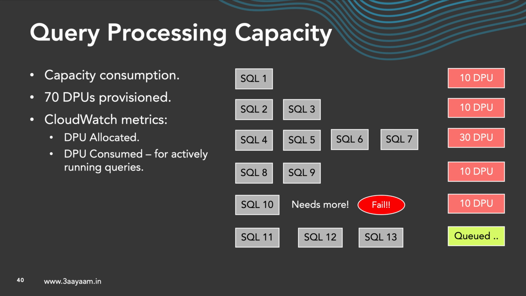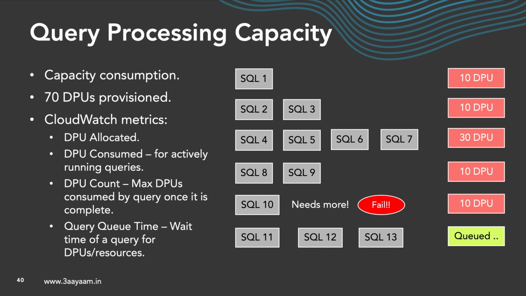This is another metric. Then one important metric is DPU count, and it is basically the maximum DPUs consumed by a query once it is complete. So once the query execution is complete, DPU count would tell us what is the maximum number of DPUs that were consumed by the query.